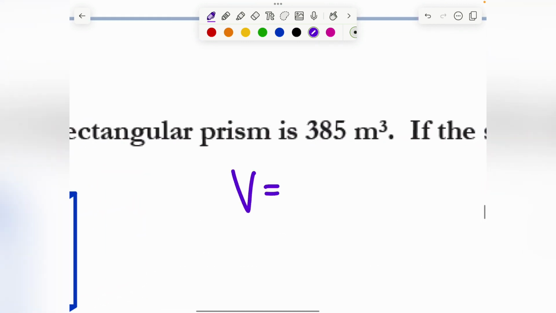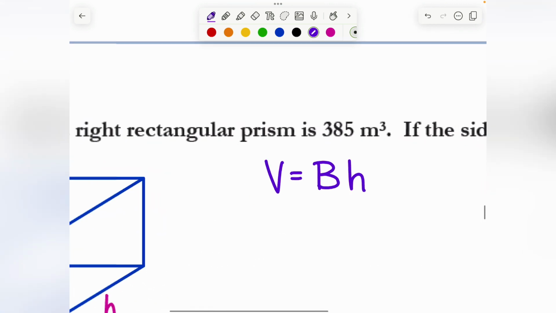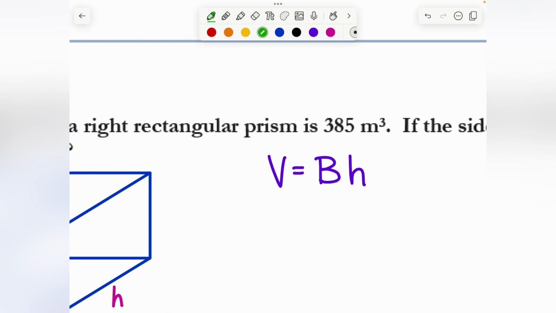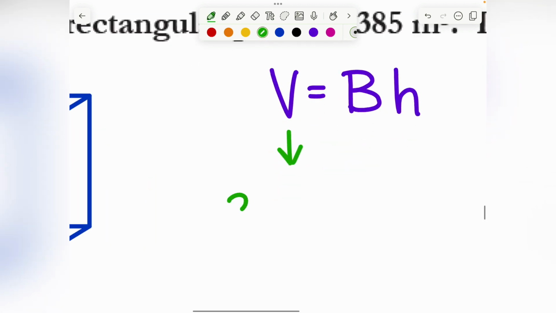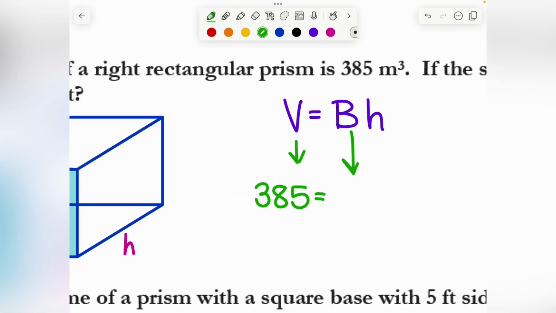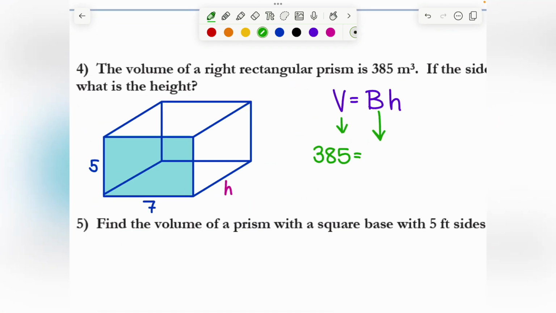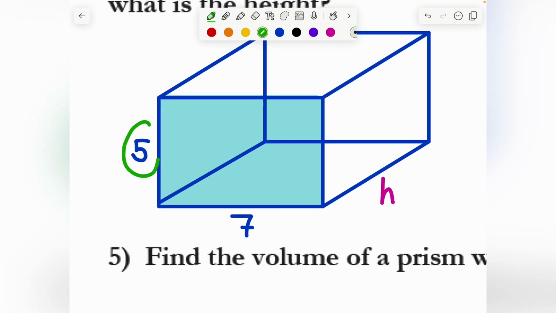So volume is the area of the base times the height. Okay, well, I know the volume is 385, so I'm going to plug that in for V. The area of the base, if you look at how I wrote this out, is just going to be 5 times 7, which is 35.